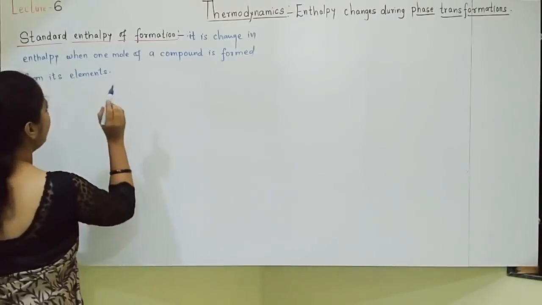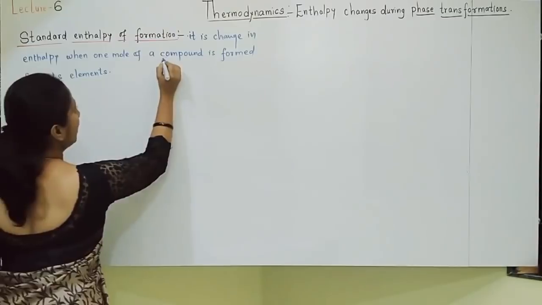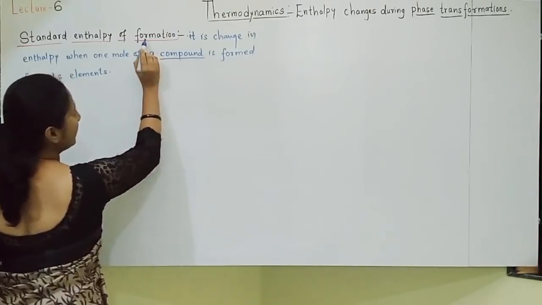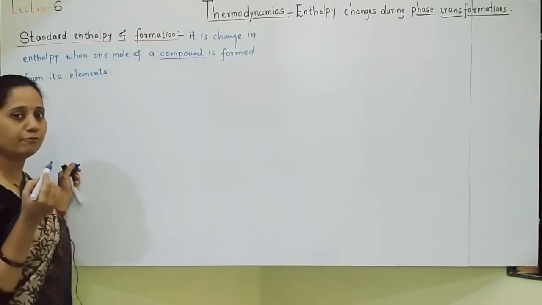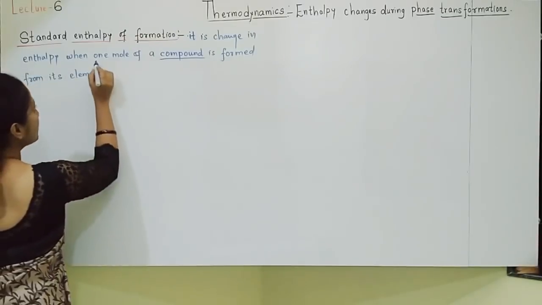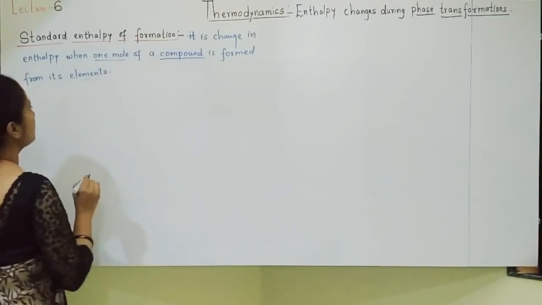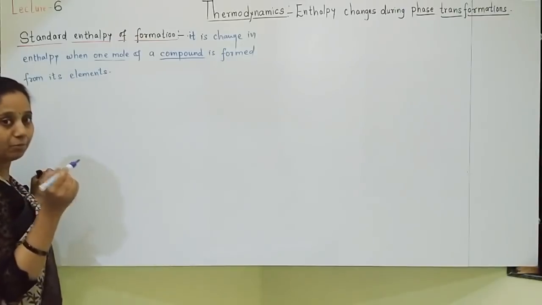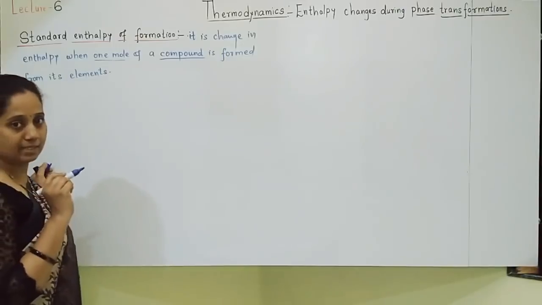The change in enthalpy when a compound is formed. That's why it is called enthalpy of formation. How much compound is formed? 1 mole of compound. From what is it formed? From its elements.